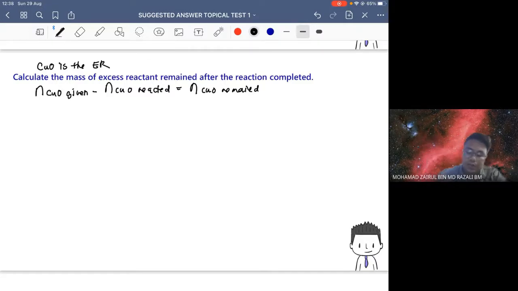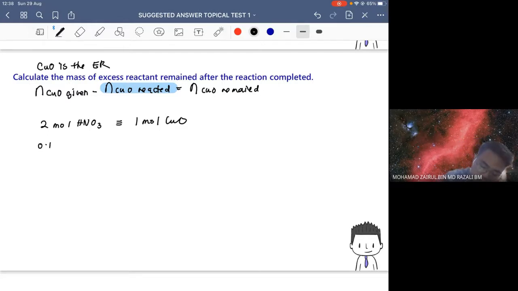So, mole given dia adalah tadi 0.1 mole. So, sekarang ni kita kena cari mole reacted. So, macam mana nak cari mole reacted? Kita boleh guna stoichiometry. So, maknanya 2 mole HNO3 is equivalent to 1 mole of CuO. Kenapa saya compare dengan HNO3? Sebab HNO3 adalah limiting reactant.